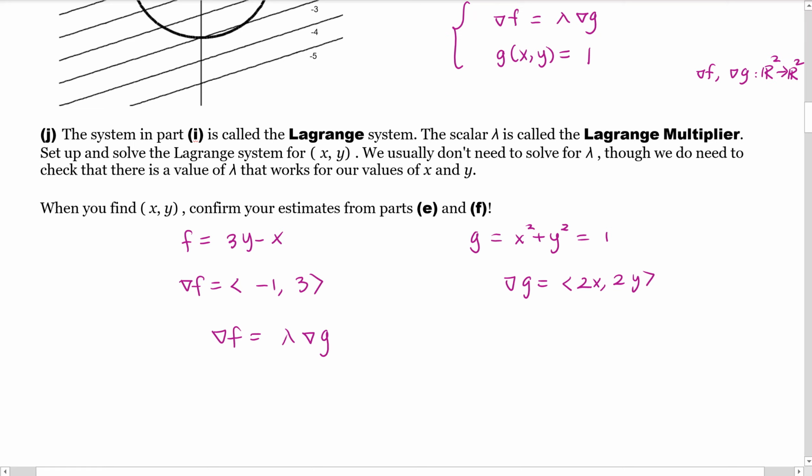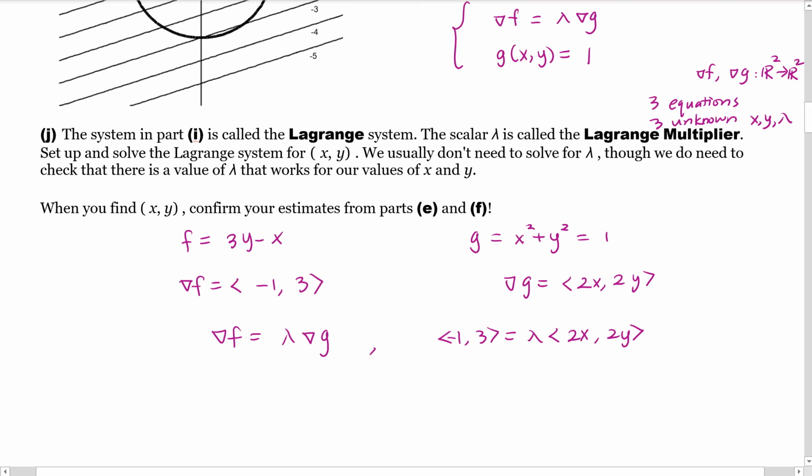Then comparing the coordinate functions, we actually can get two equations out of them. So here together we have three equations, and we have three unknowns. They are x, y, and lambda. Okay, so in this case, (minus 1, 3) equals lambda times (2x, 2y).